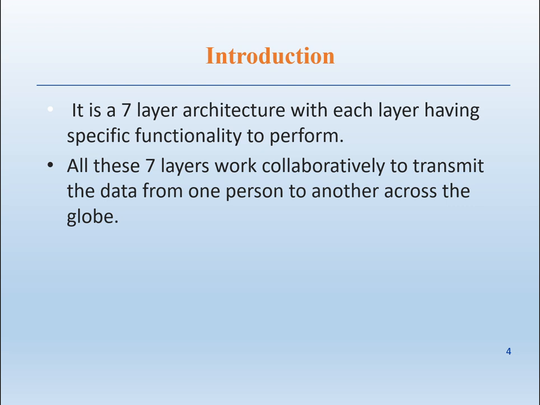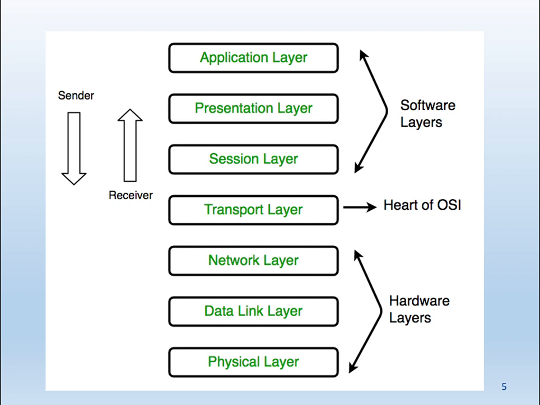It is a 7-layer architecture, where each layer performs specific functionality. All these 7 layers work collaboratively to transmit the data from one layer to the other. These are the 7 layers in the architectural diagram of the OSI model. The first layer is the physical layer, then the data link layer and network layer.